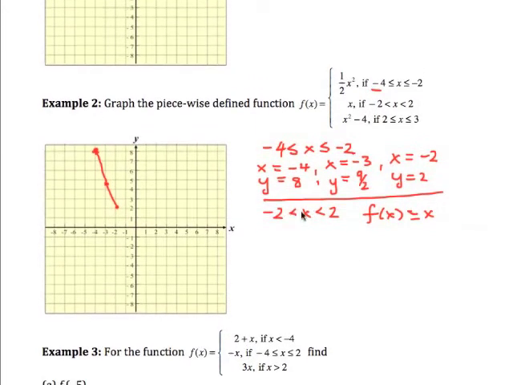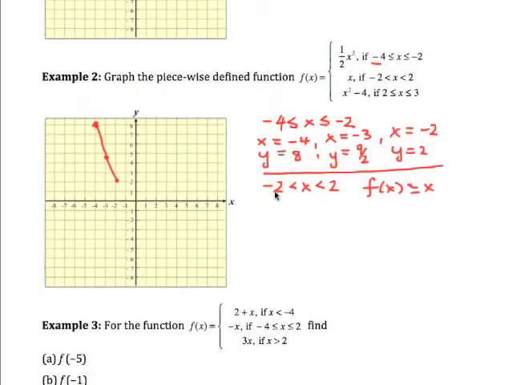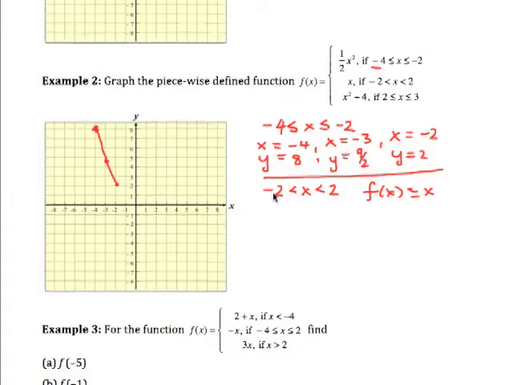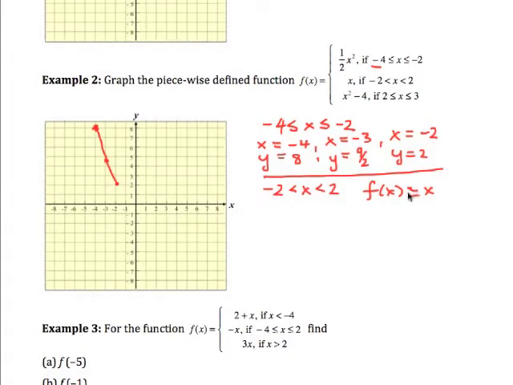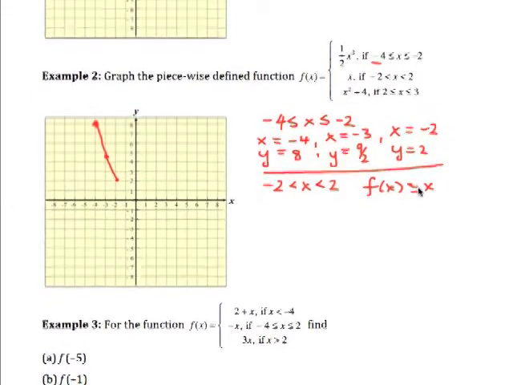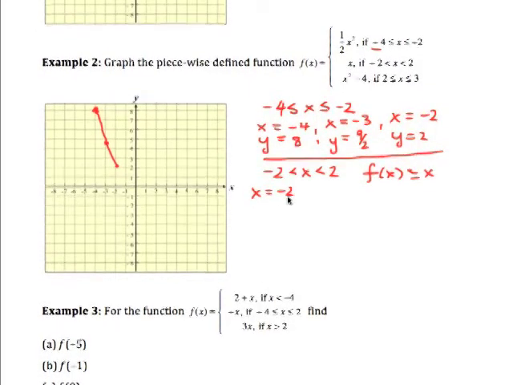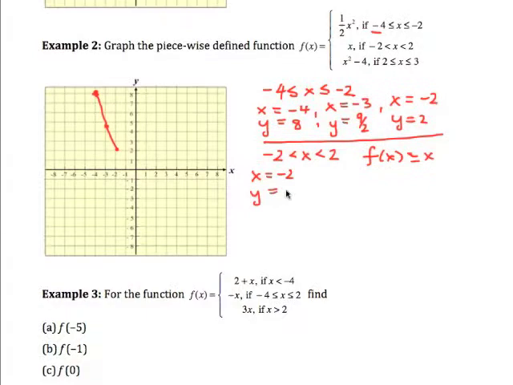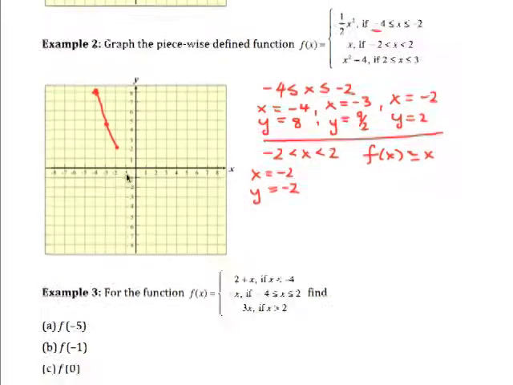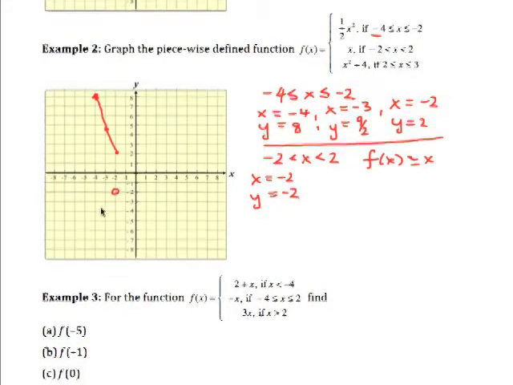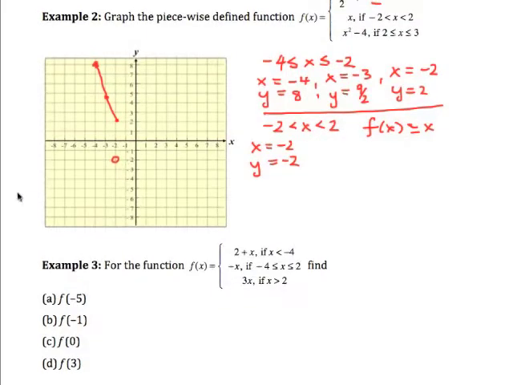So this shouldn't be too hard, because if I was allowed to have -2, then of course the y value would in fact also be -2. So we'd have this down here, but we'd have to use an open circle because we're not allowed to actually have x is -2.